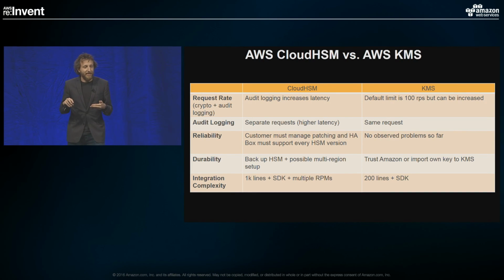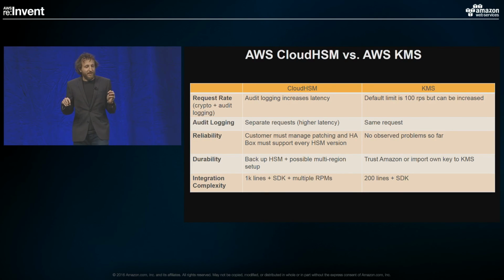So KMS, as Ken said, the default rate is 100, but that can be increased much larger than that, and is for a lot of customers. Cloud HSM, on the other hand, is quite slow, especially with audit logging. There's special patches you can apply, but most customers end up running a cluster of 3 to 6 HSMs.